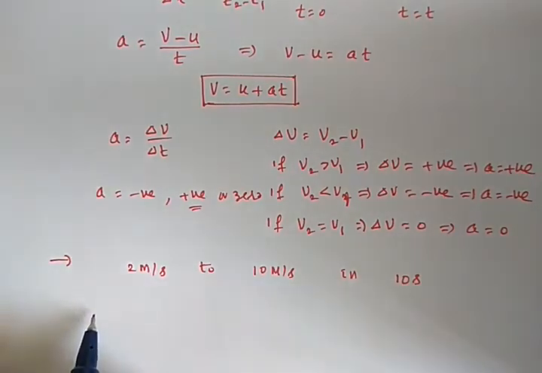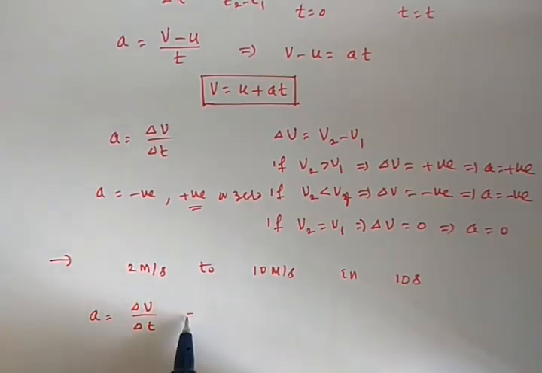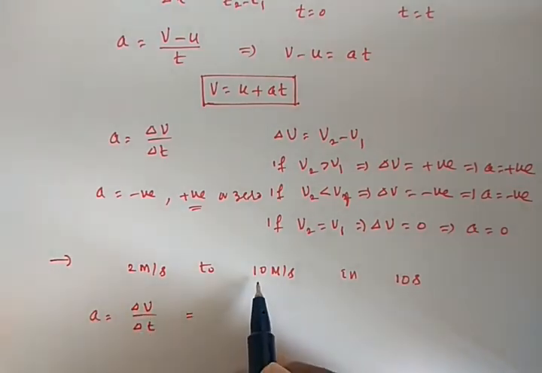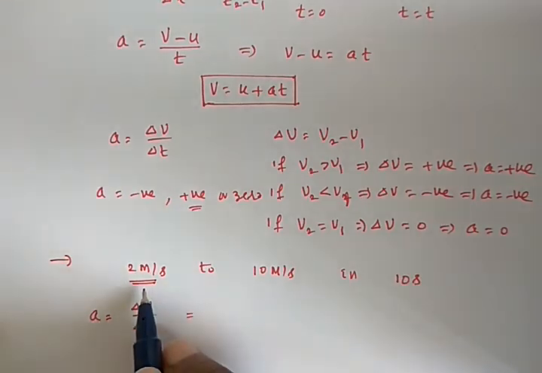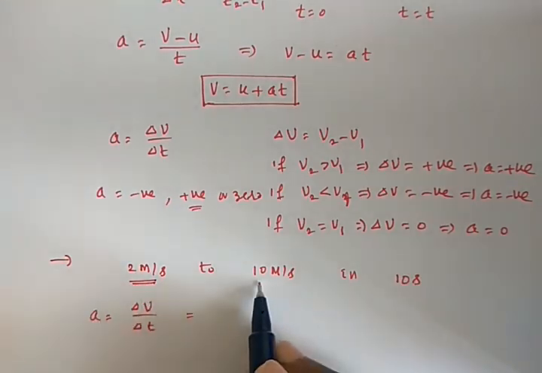So by definition, acceleration equals change in velocity by the time interval. That change in velocity is final velocity minus initial velocity. Here initially the body is moving with 2 meter per second, and it is going from 2 meter per second to 10 meter per second.